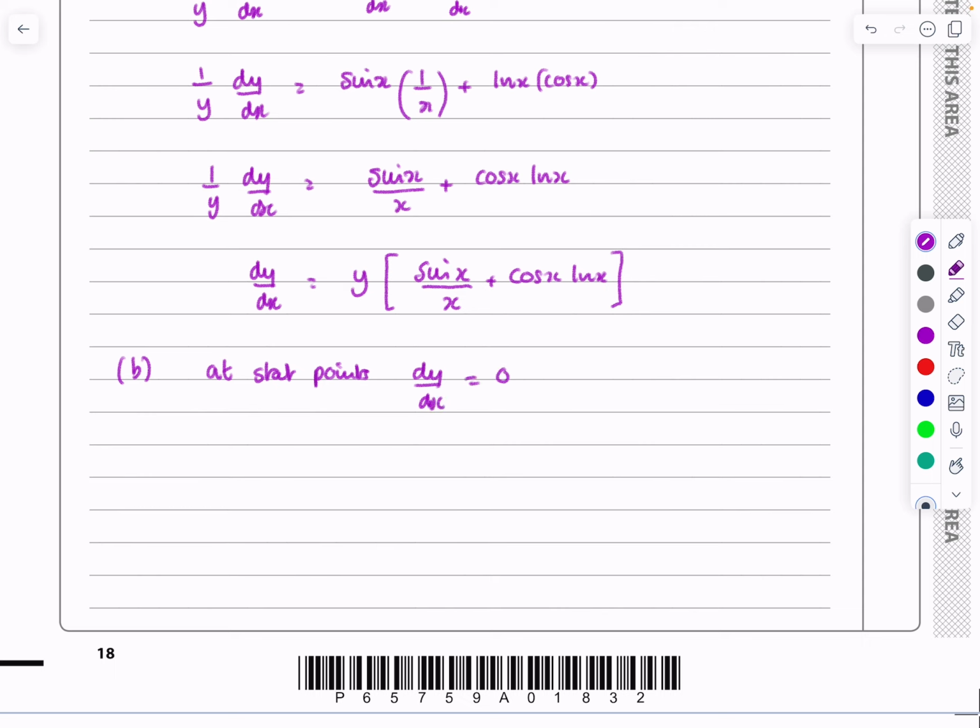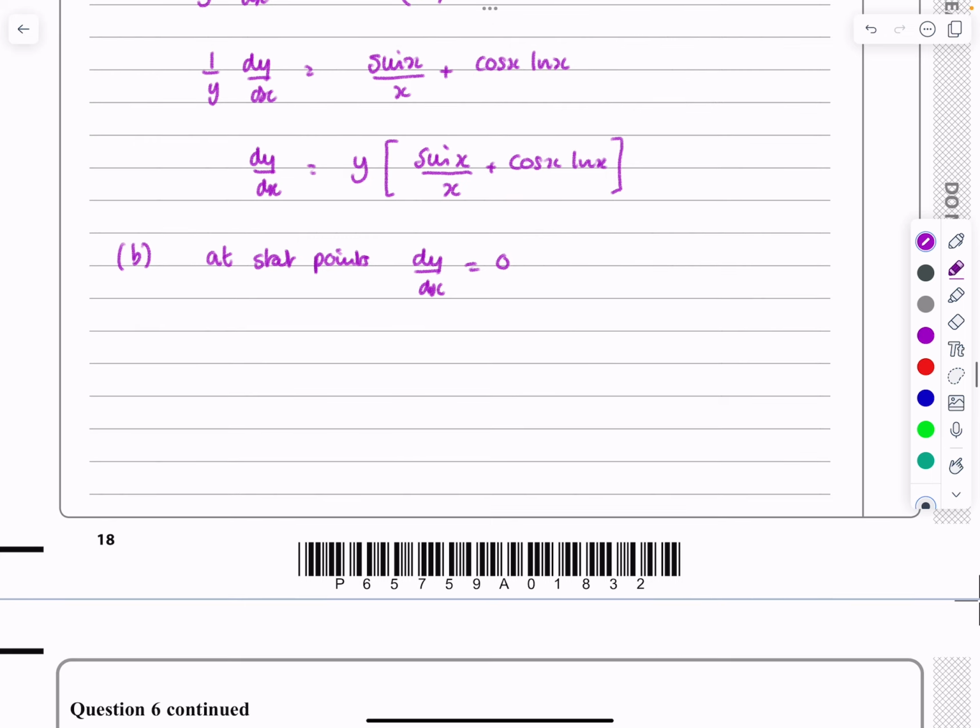So if dy by dx is equal to 0, we're going to get y times (sin x over x plus cos x log x) equals 0, which means either y is equal to 0 or, in the bracket, sin x over x plus cos x log x is equal to 0.